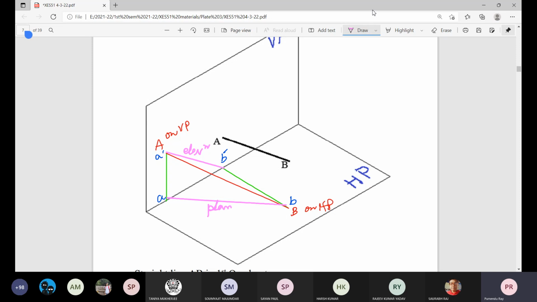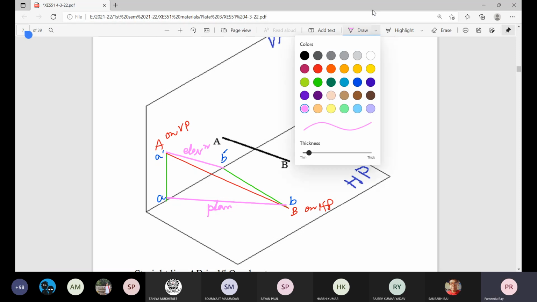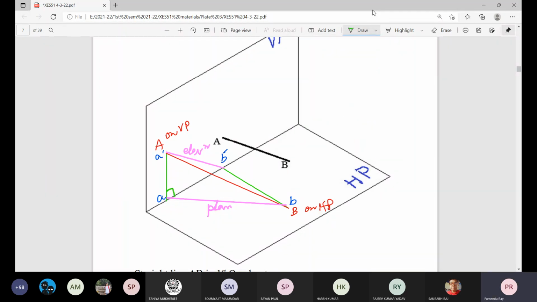And this red line connecting capital A and capital B is the real line whose one end is on VP, other end is on HP. And these are the individual projected lines, perpendicular to GL, perpendicular to GL. That's all.